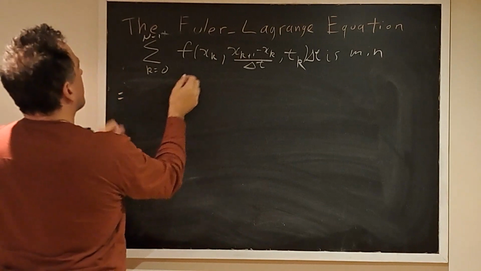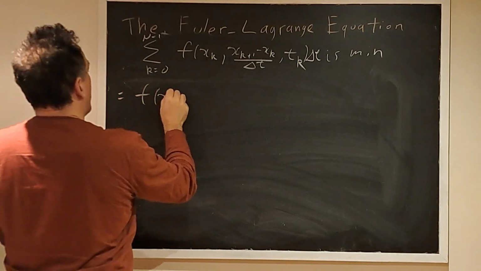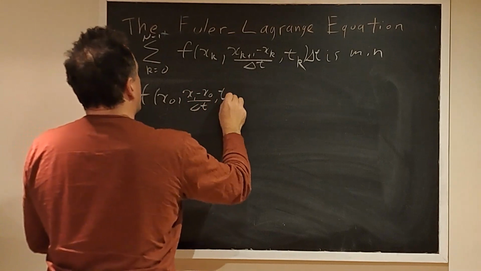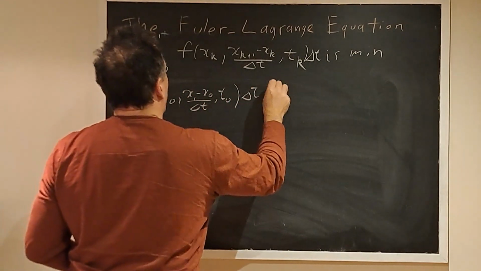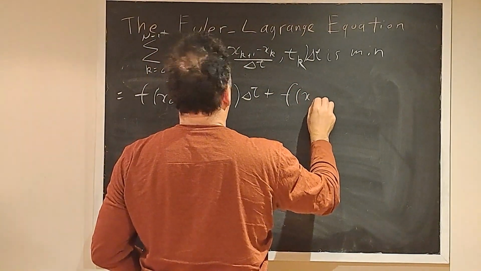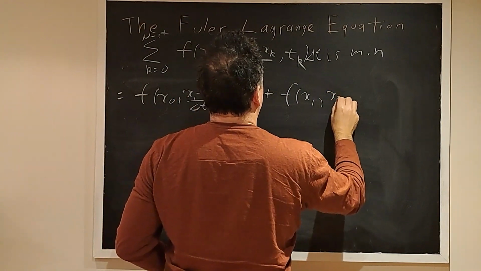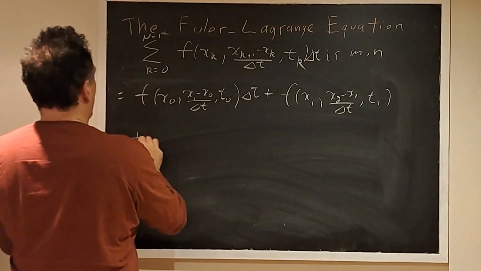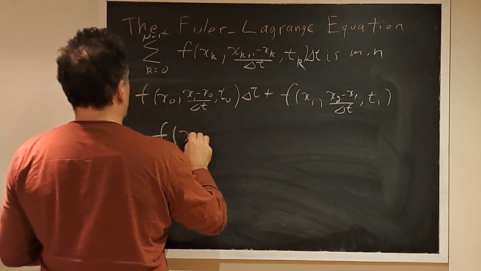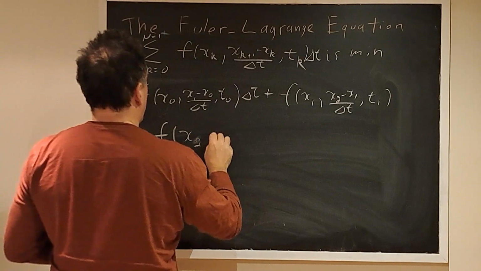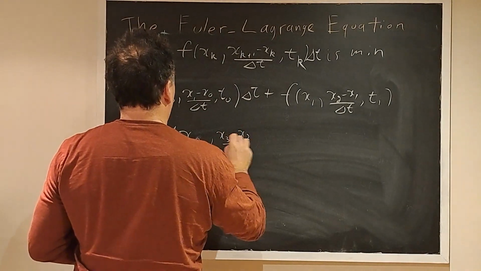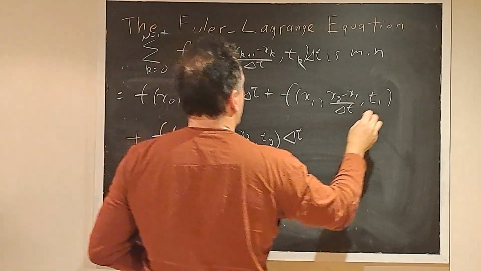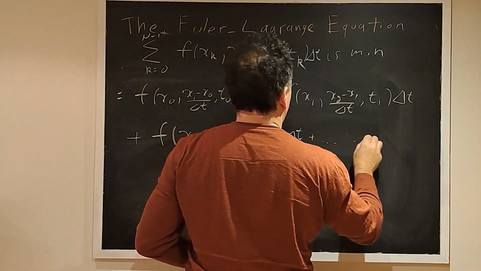The sum is equal to f of x0, x1 minus x0 over delta t, t0, delta t, plus the same thing, f of x1, the difference between x2 and x1 over delta t, and t1, plus, I will just write the first few terms and explain where this is useful, x2, x3 minus x2 over delta t, t2, delta t, plus, and so on and so on.